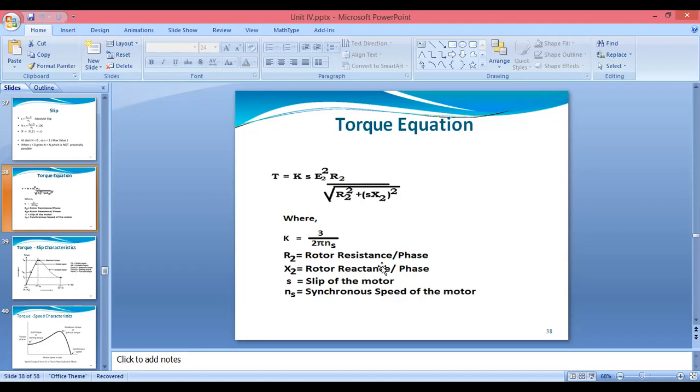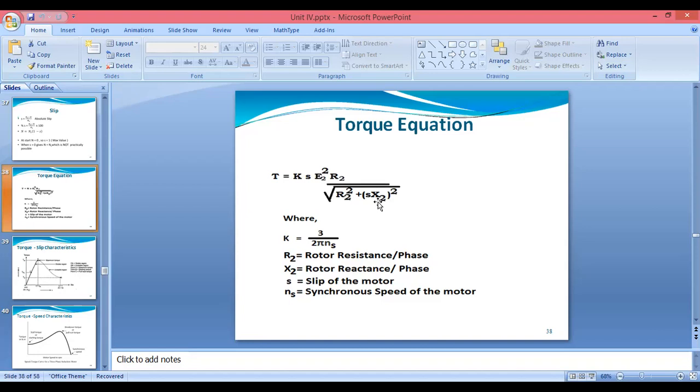We will see the torque equation again in the next section. Just get a short idea here, because we have only 2 minutes. R2 is the rotor resistance and X2 is the rotor reactance. So the torque equation will be equal to K S E2 square R2 upon the square root of R2 square plus (S X2) square.